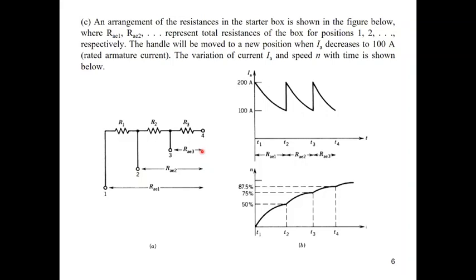And at the last instant, at terminal 4, we remove all of the resistance, which is the 0.4 ohm. So how do we calculate this?